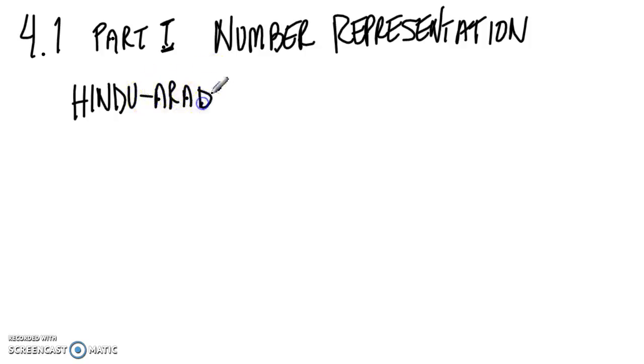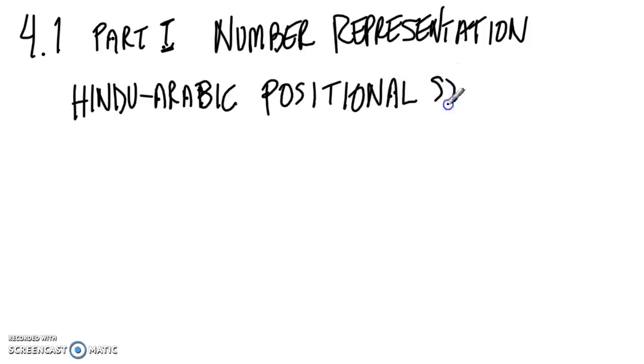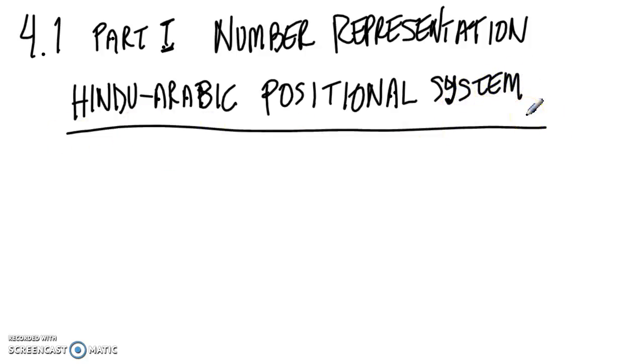And you're probably wondering, why are we learning about Hindu-Arabic numerals? We have our own number system. Well, lucky for you, this is our number system. We can just call it the Hindu-Arabic positional system or number system. Hindu-Arabic numerals. Okay, having some issues with the writing here. All right.